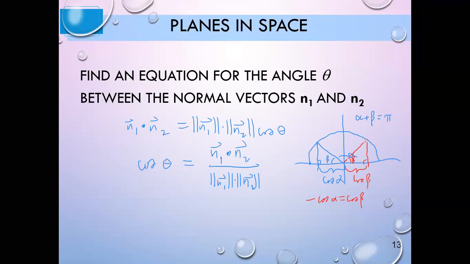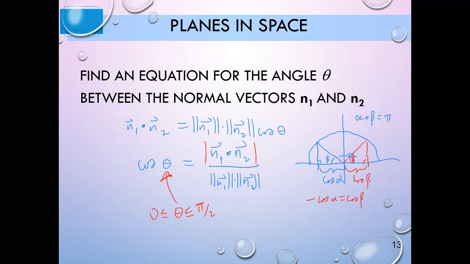So how could I get the angle to always be between 0 and 90 degrees? Yeah. And then this theta right here is guaranteed to always be between 0 and 90 degrees. Okay? Then that angle is always guaranteed to be the one that happens to be smaller than 90 degrees.